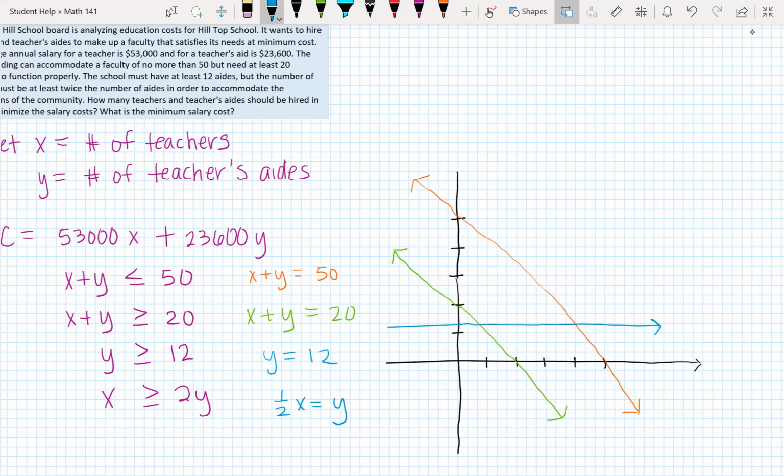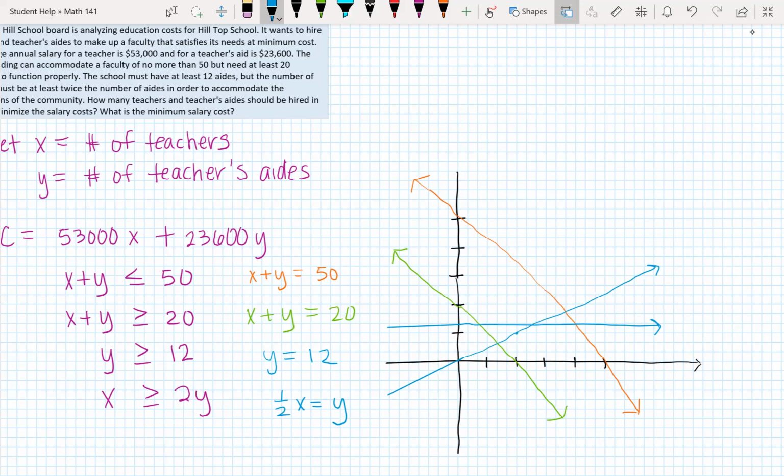And then 1/2 x, I'm going to go to the origin and go up by a half. So I'll go up like this. That's my second line there.